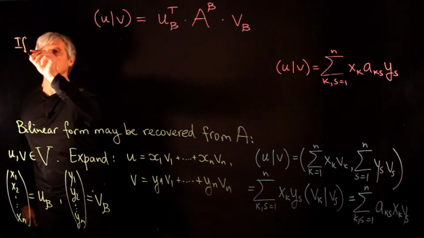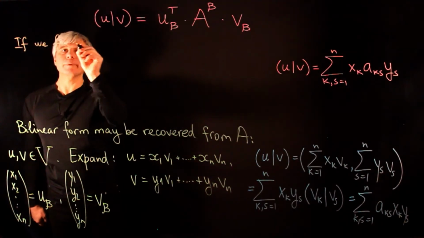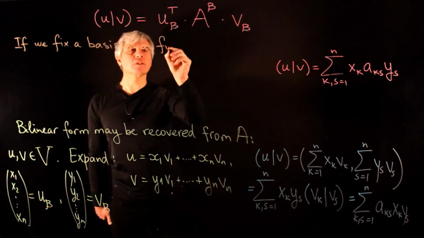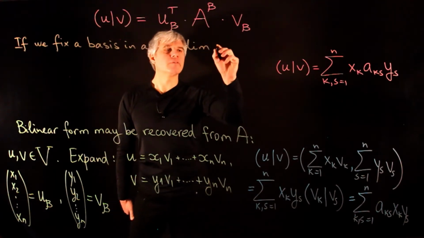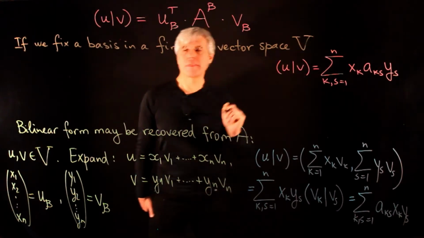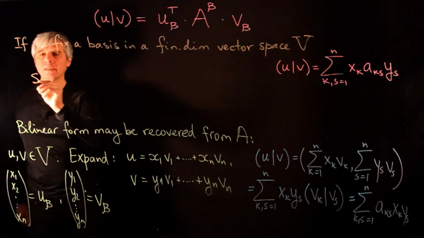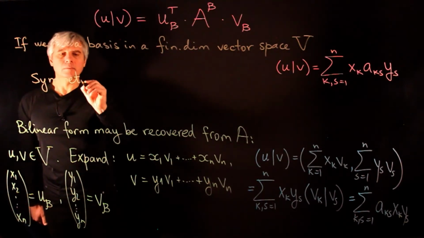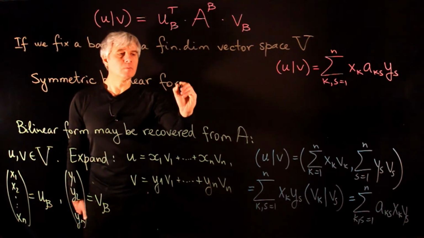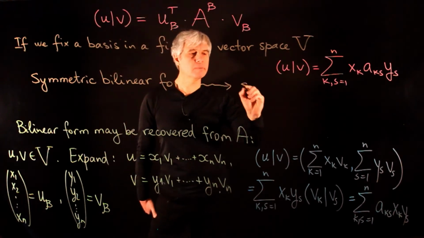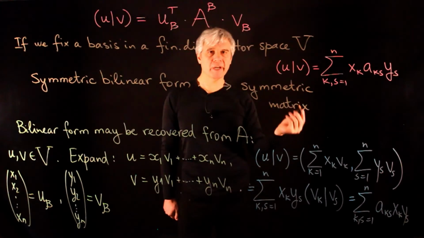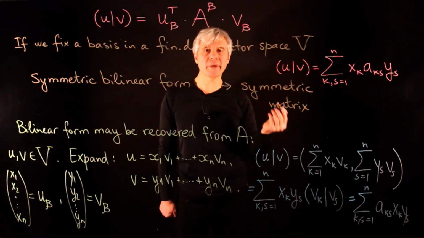If we fix a basis in a finite dimensional vector space V, then we see that any symmetric bilinear form will yield a symmetric matrix just by evaluating this bilinear form on the basis vectors.